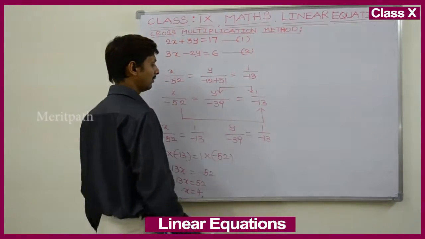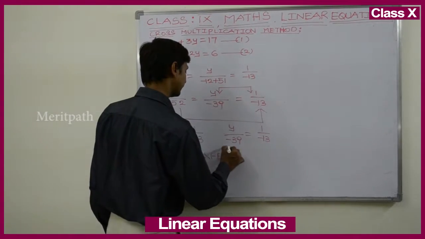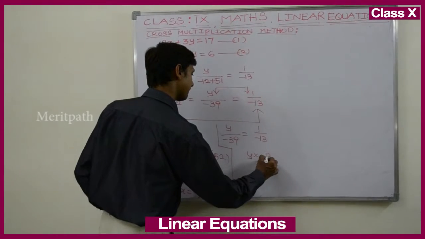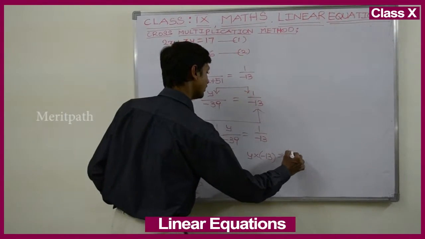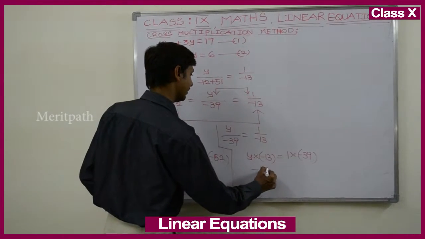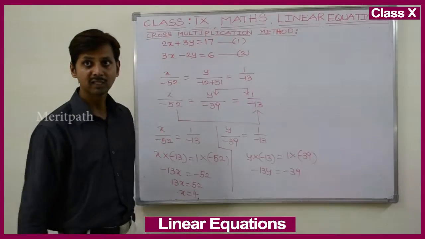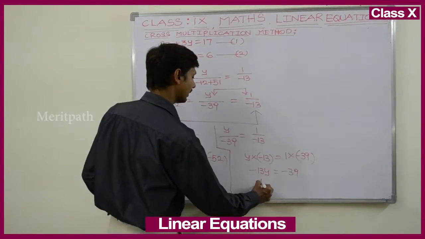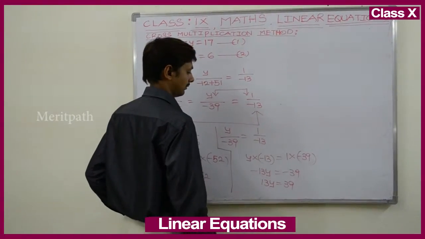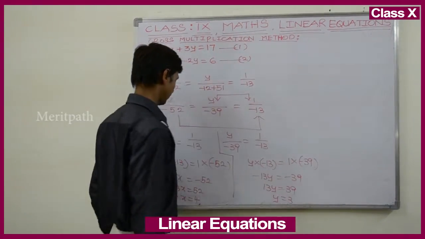When we take the y value and cross multiply, y into minus 13 equals 1 into minus 39, so minus 13y equals minus 39. Cancelling minus on both sides, 13y equals 39, and after simplification y equals 3.